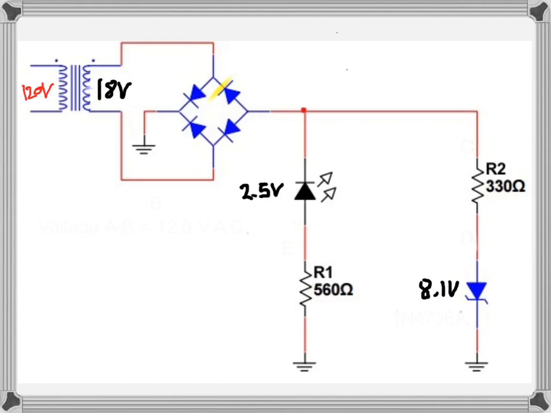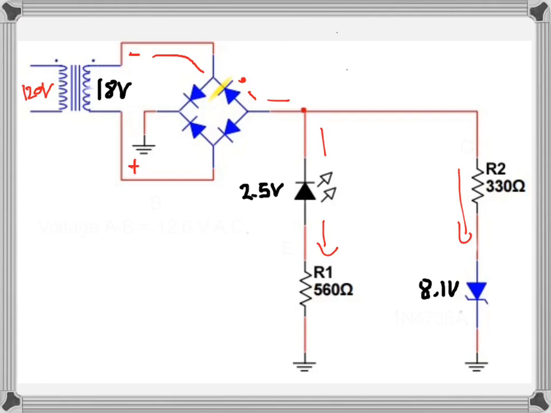So this diode right here is going to conduct when that point is negative and that point is positive. Then the current is going to go like this, down, and then down.